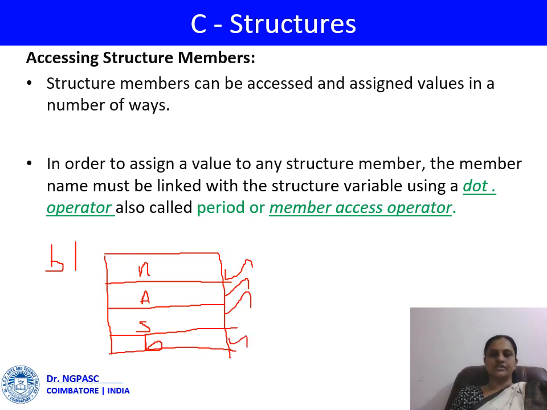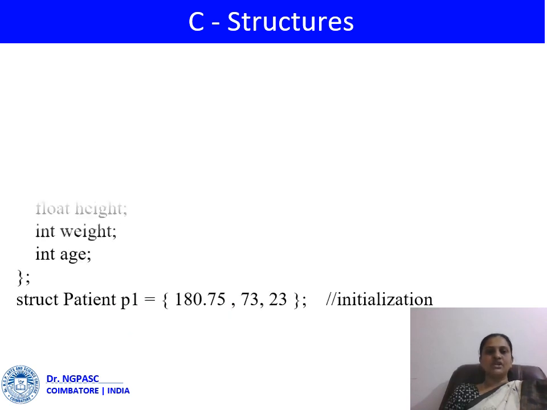In total this is 150 plus 10, so 160 bytes will be allocated for this structure variable B1. If I want to access any of these data members, I should use the dot operator. With one example, we will see how these members are accessed.